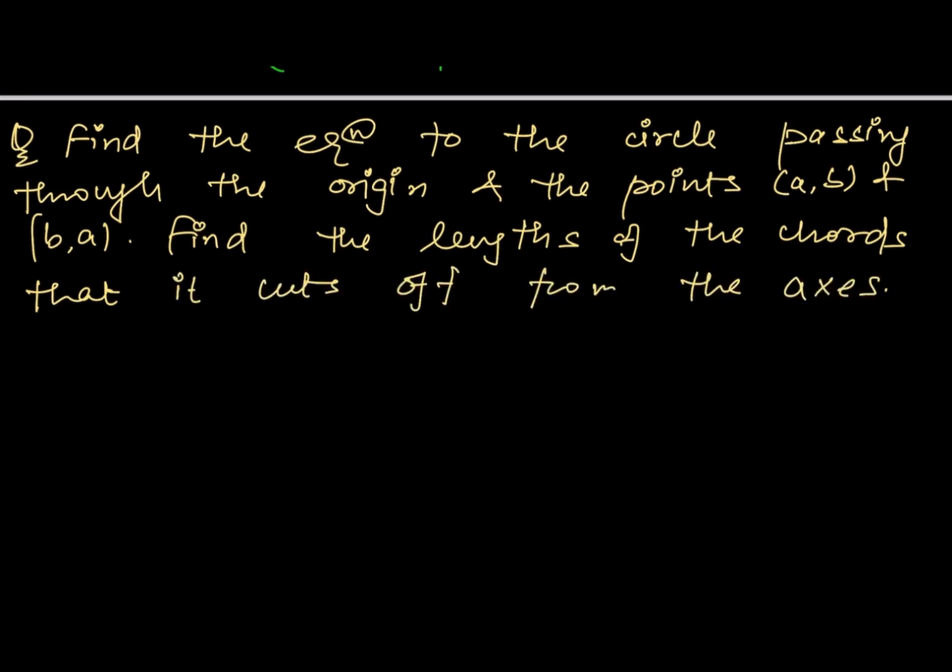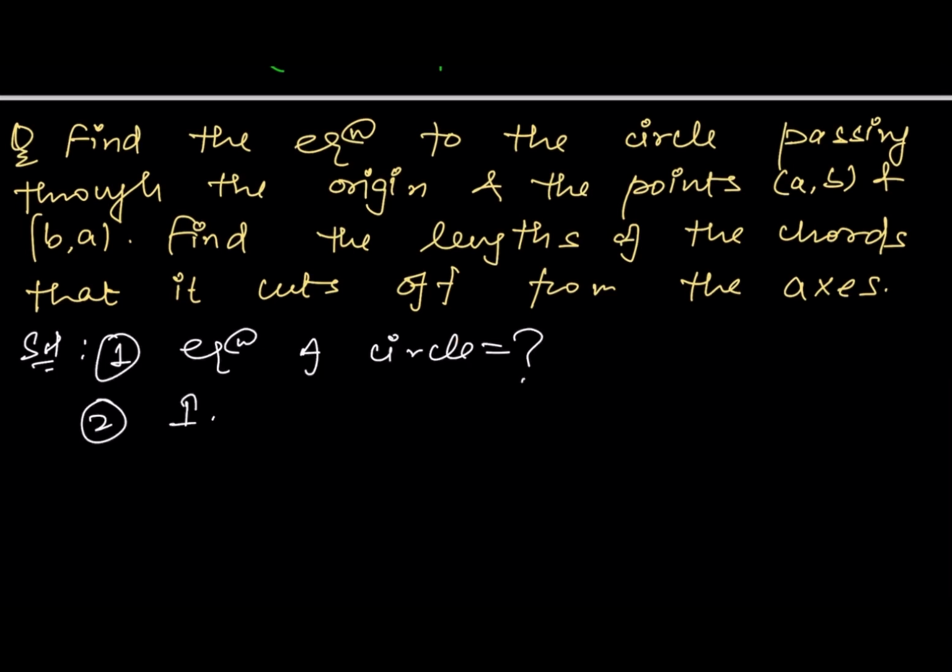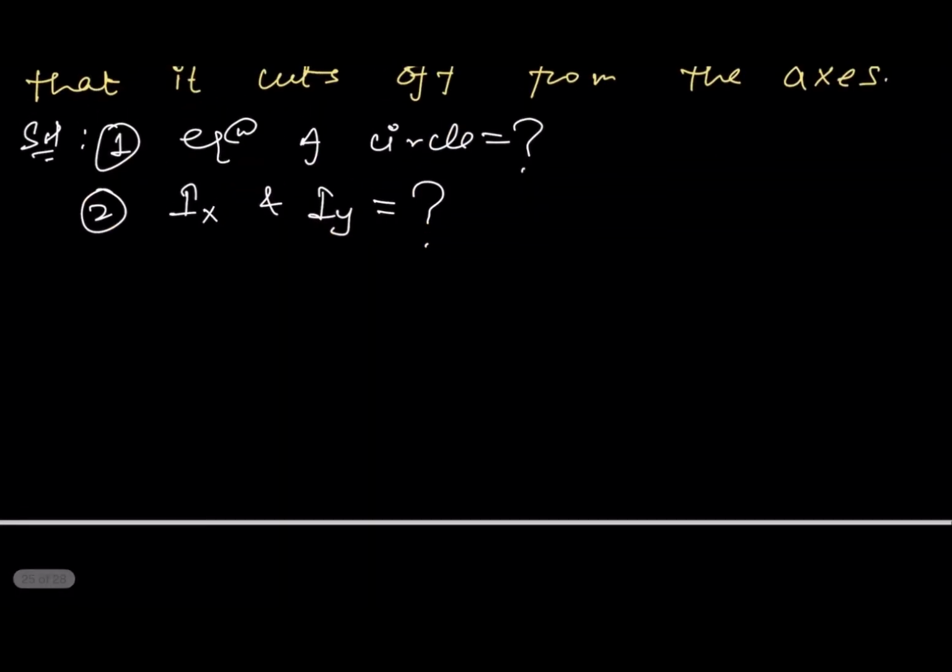So students, in this question we need to find first the equation of the circle, and then second the x-intercept and y-intercept. Okay, so now let's proceed according to the question.